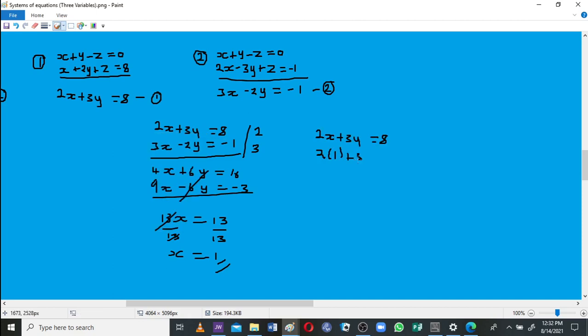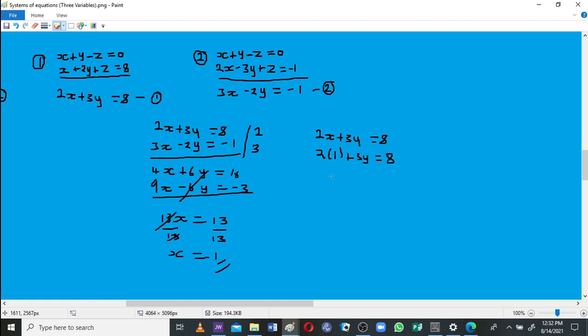So I have 8 on this side, now I'm going to have 3y is equal to 6. Dividing both sides by 3, you get y is equal to 2.